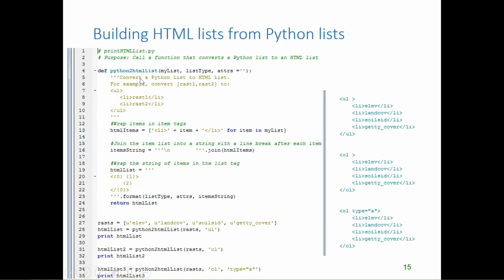So it takes these two inputs, and on line 13, it does a list comprehension to plop those LI and /LI tags around each of the items, each of the strings that were given. You don't have to worry about the U getting in there because that's just specifying the type. That won't be included.